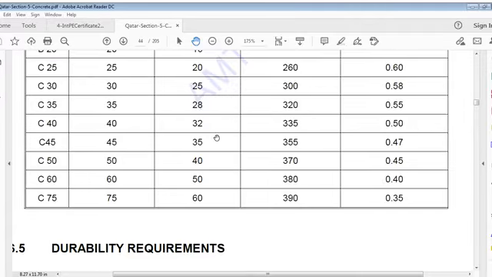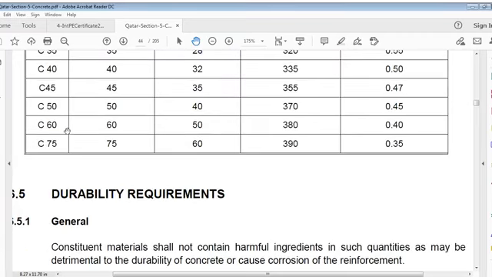C45, 35, 355, means increase of 20 kilogram per meter cube, and 0.47 water cement ratio. C50, 40, 370, again increase, and 0.45. And C60, 50, 380, and 0.4, and C75, 60, 390 here. It doesn't cross 400 even in case of C75.